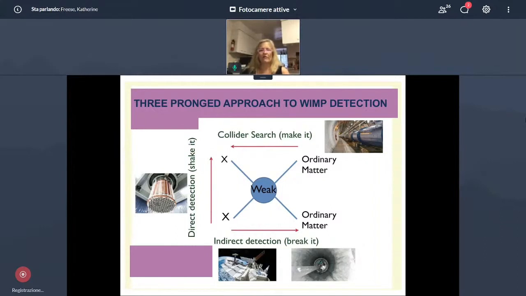One is going from left to right, the upper arrow pointing to the left. That is collider searches. Another is if you go in the upward direction, direct detection, or if we go in the right direction, indirect detection. So I'll talk briefly about all three of these attempts to find WIMPs. Go to the next slide, please.